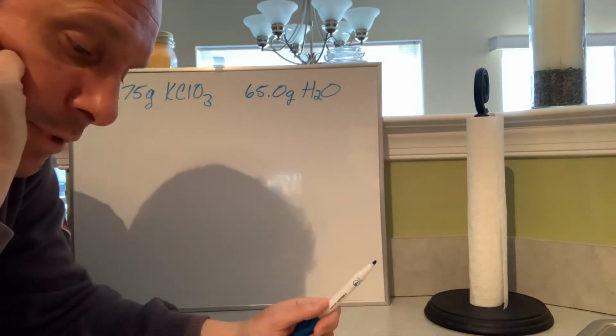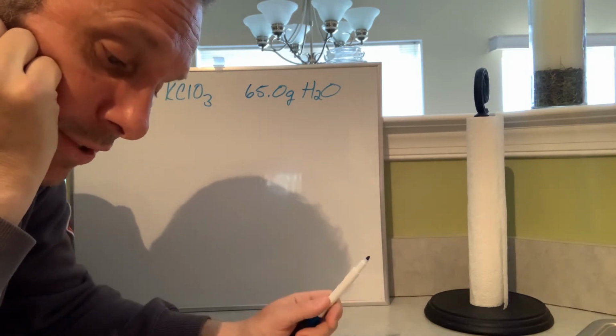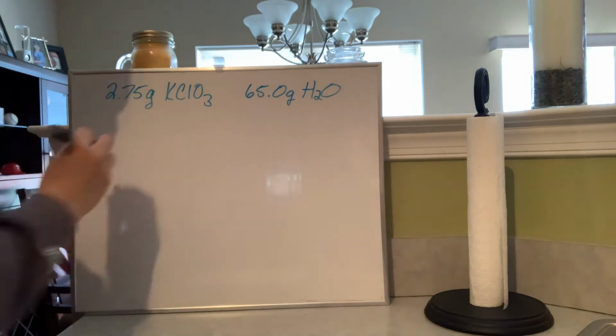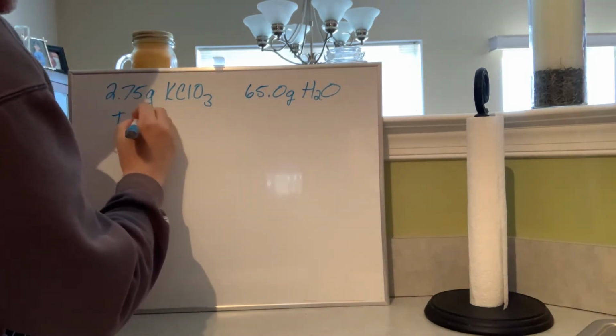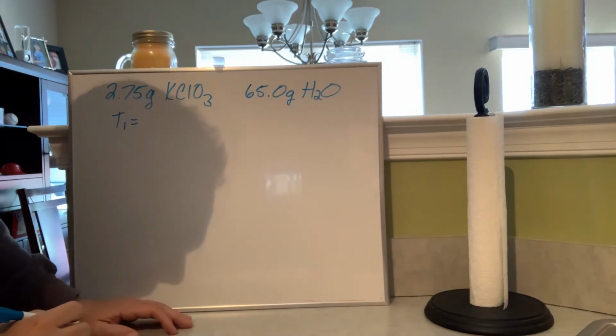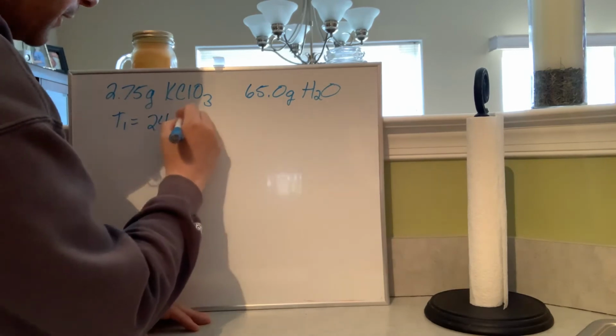All right, so when we do that, the temperature changes from 24 degrees Celsius to 20.7 degrees Celsius. All right, so this is a temperature drop, right? We're starting at 24.0, me and my sig figs.